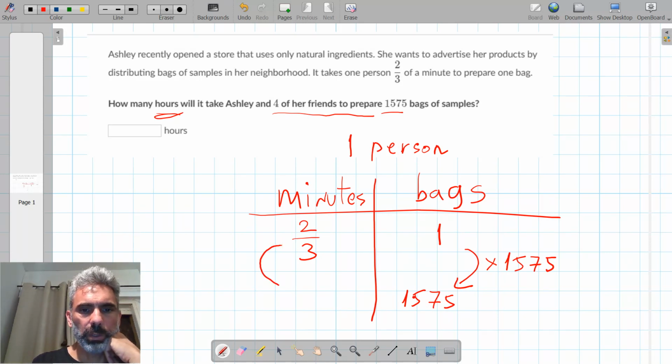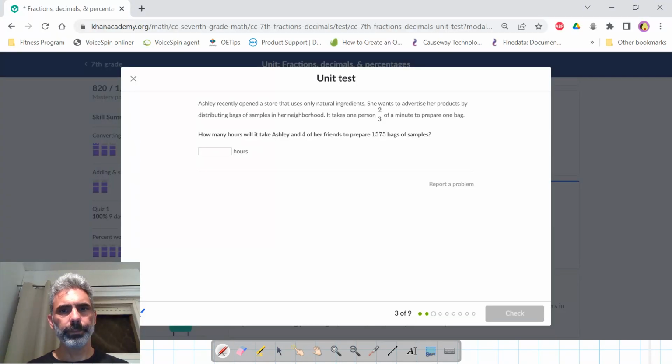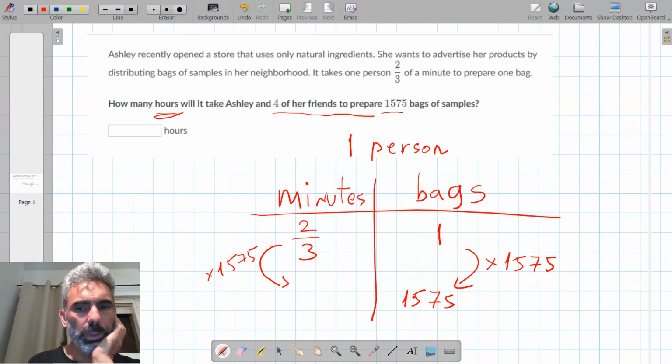So we need to multiply 2/3 of a minute times 1,575 to know the number of minutes it takes to make this amount of bags. And then I can divide the outcome in minutes by 60 to convert it to hours. And then I will divide it by 5 because we have Ashley and 4 of her friends, so we have 5 persons making the bags.